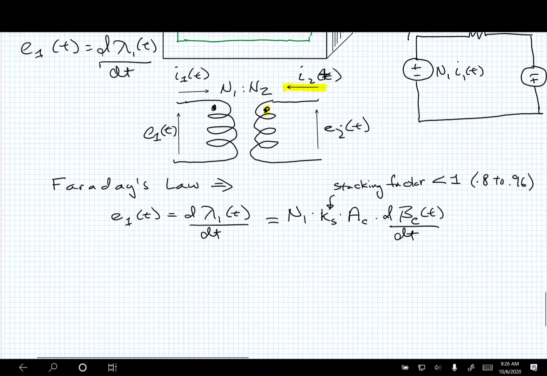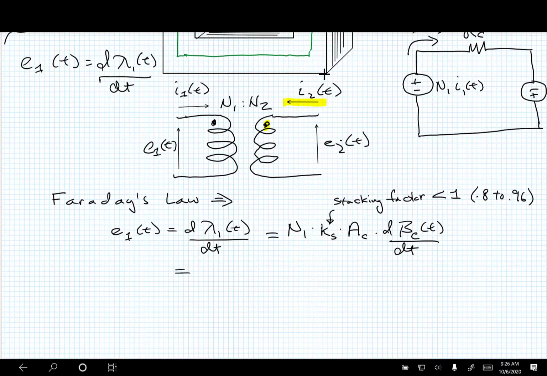So this is one way to write it if we want to consider that we've got a time varying flux density. Another way to write it is just N1 times the derivative of the flux that is in the core.